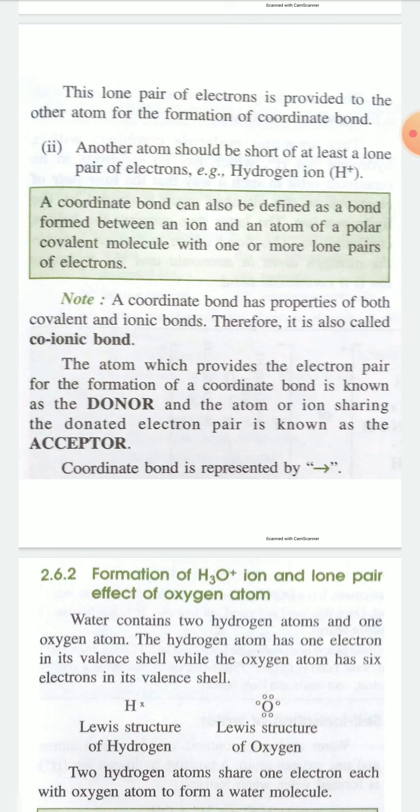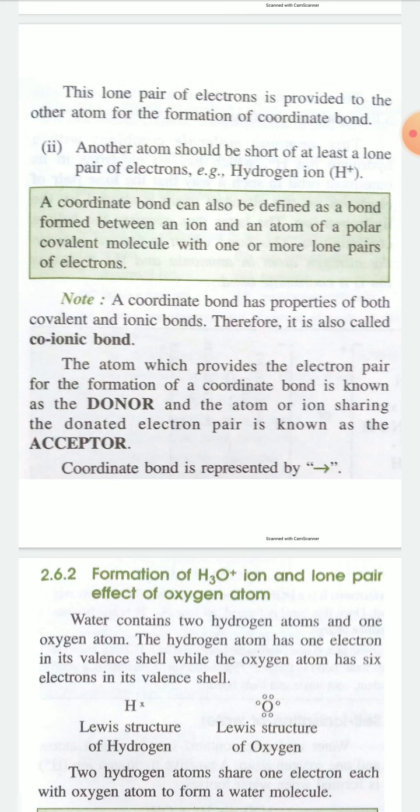So one component acts as the donor and another component acts as the acceptor in coordinate bond formation. The donor will share the pair of electrons, the lone pair, and the acceptor will use the shared pair. Both components of a coordinate bond equally share the shared pair of electrons.